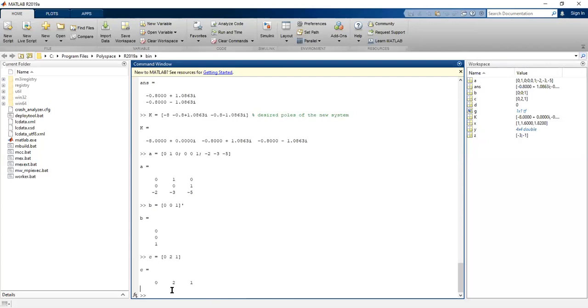You're going to type in, so now, when we're using pole placement by this method, what we are going to say is place. What variable are we going to use? Z. Z equal place.